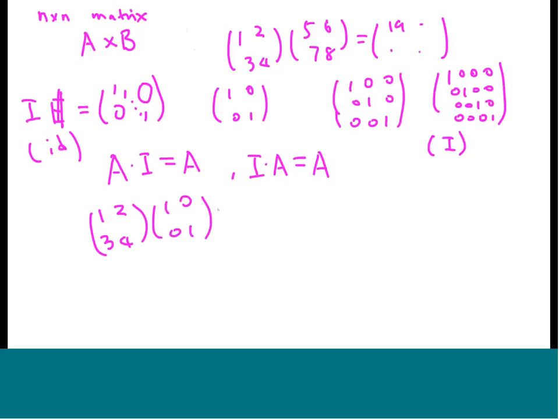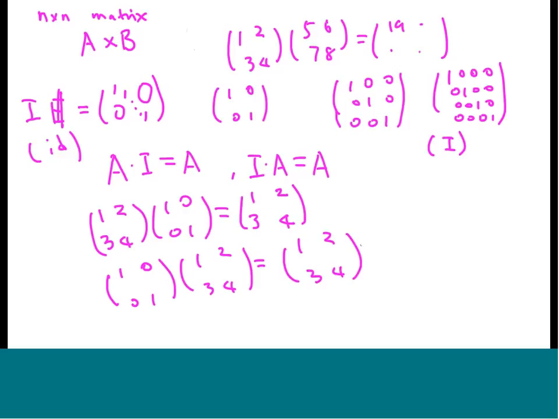Then you get 1, then 2, and 3, and 4. So easily you can see it is 1, 2, 3, 4.